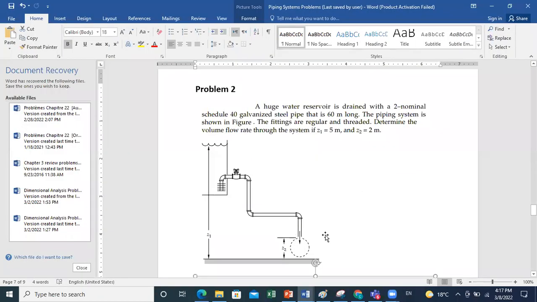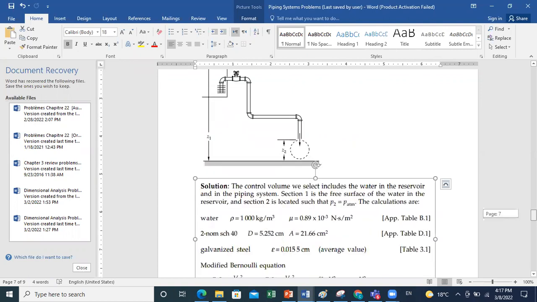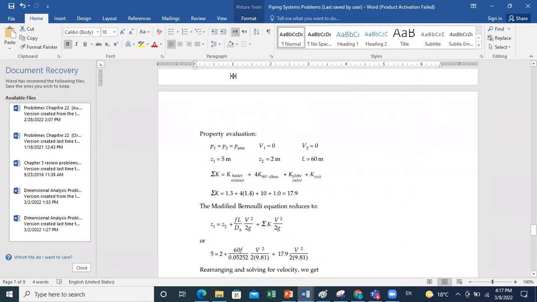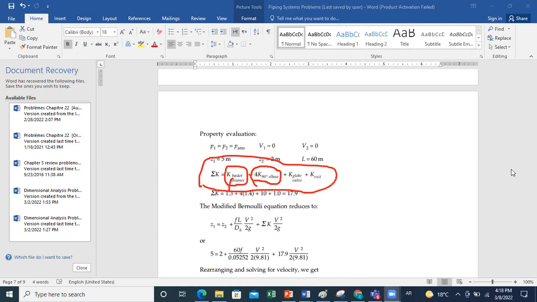Okay, so here, going back to our figure, after we determine the sources of minor losses, we can say that the total minor loss in my system is obtained by accounting for, first, the basket strainer, which we already found together in the minor losses sheet, that its K is 1.3. You have 4 90 degrees elbows, and here I told you that all of the elbows are regular elbows.